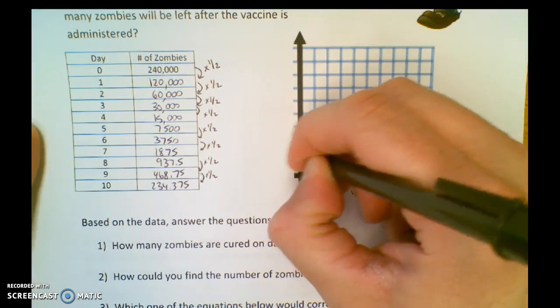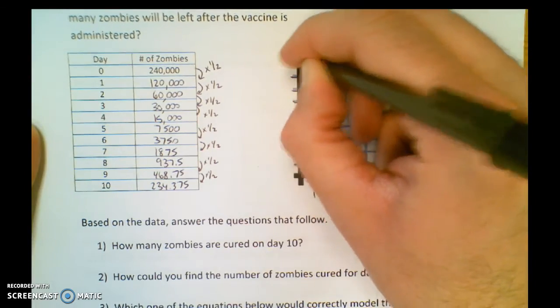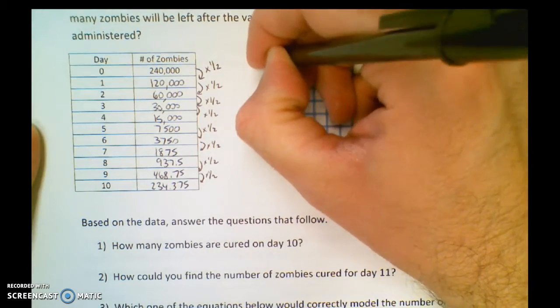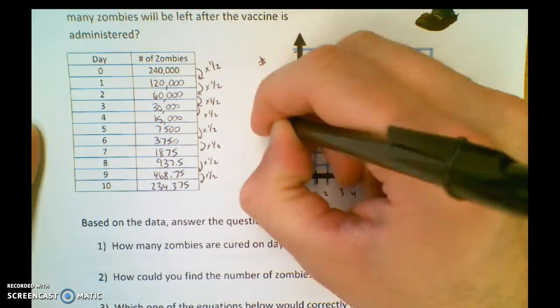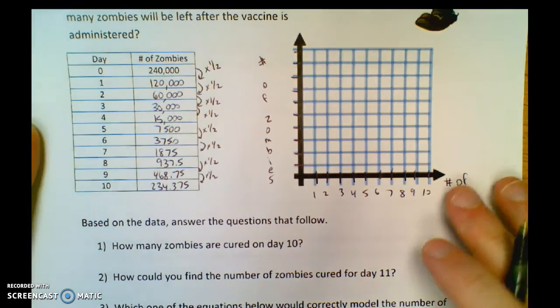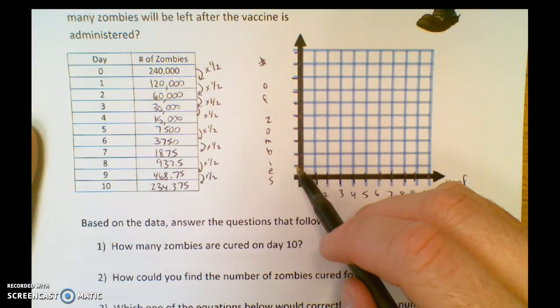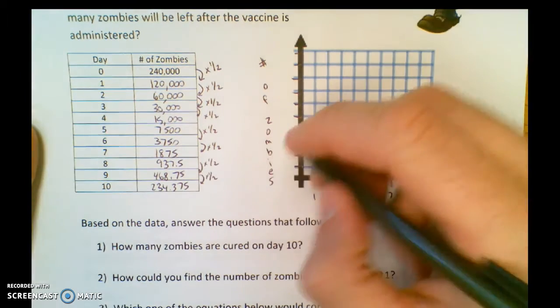And the y-axis will be the number of zombies. Okay. For this one, we probably should go by 20,000s.